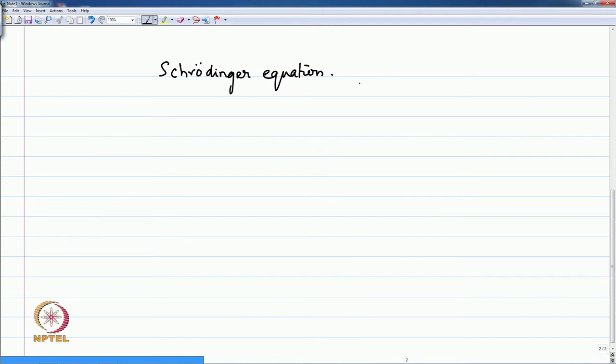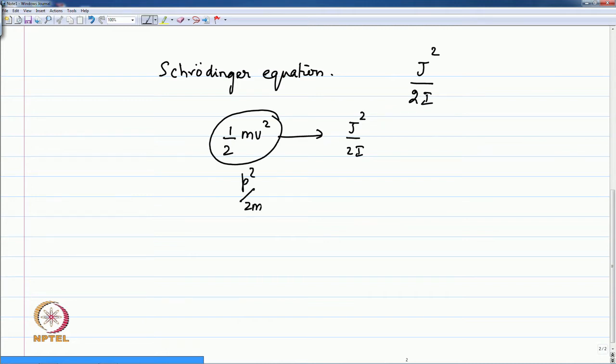You remember the kinetic energy is, of course, in classical terms for a particle, the angular momentum square divided by 2I, or if you use the standard kinetic energy form, half m v square, you remember that transforms to j square by 2I, because this goes to p square by 2m, and you know that the angular momentum j is p times r, and with j also being given in terms of the angular velocity as I omega, it's very easy to see that j square by 2I is equivalent to p square by 2m.